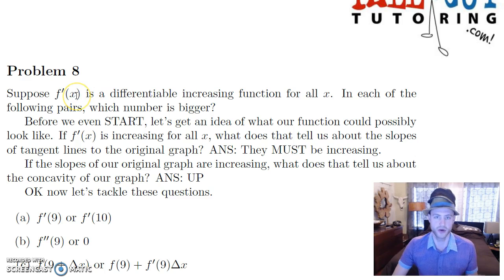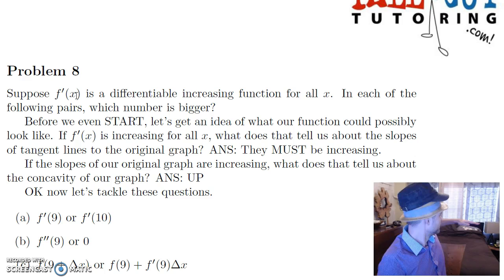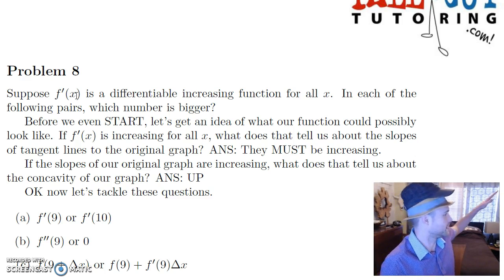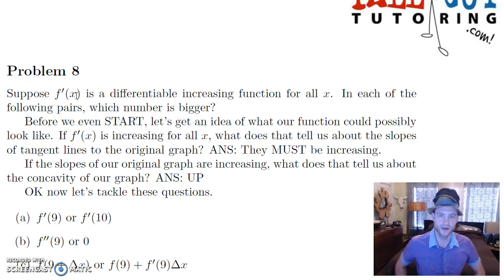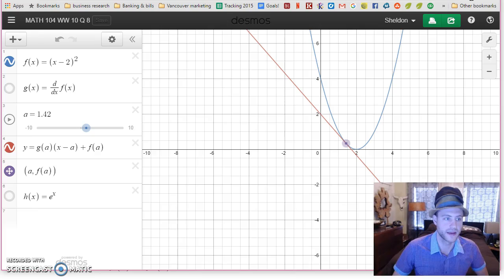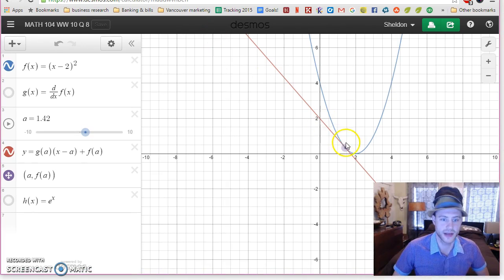If the derivative is always increasing, that means the derivative is always getting steeper and steeper and steeper. That's exactly what concave up means. I drew you guys a graph. Here's an example of a function that is concave up.